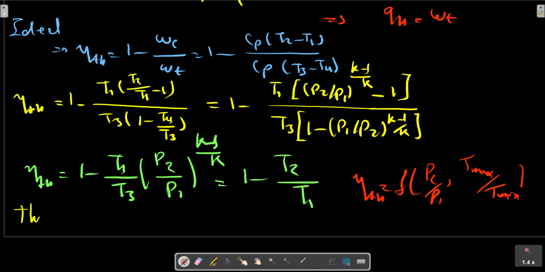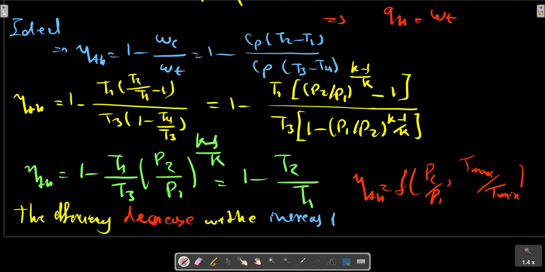Efficiency decreases with increased pressure ratio, opposite to Brayton.